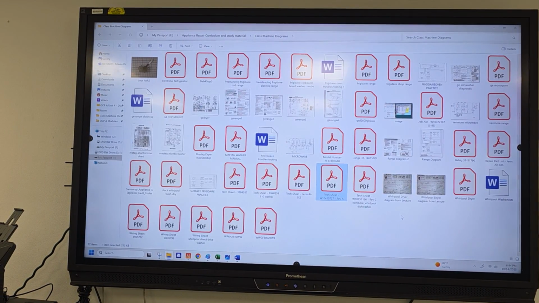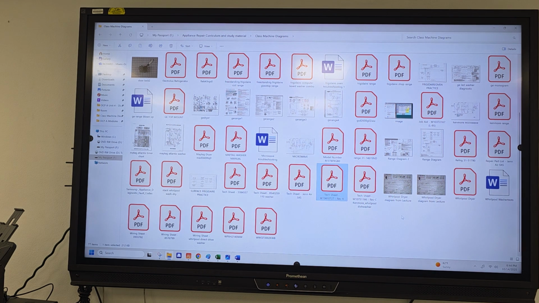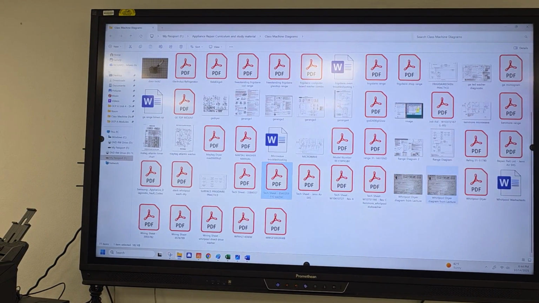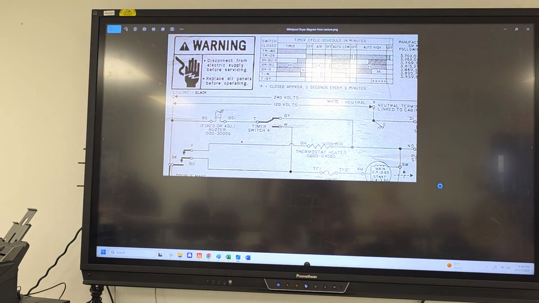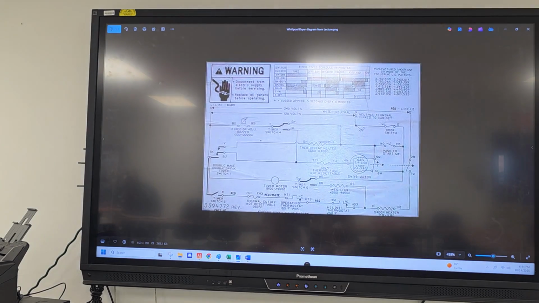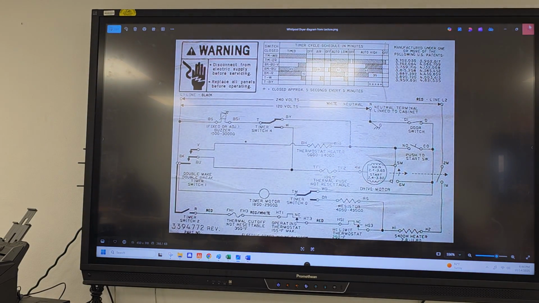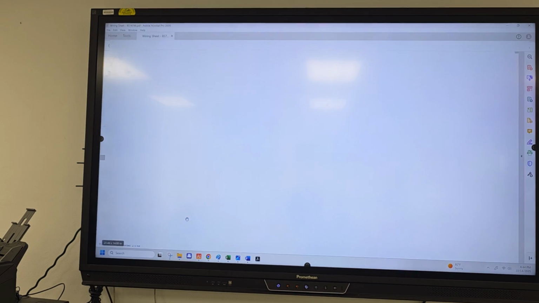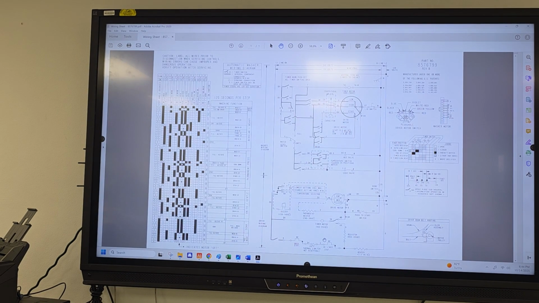I had everything open here before we got... Let's take a look at this dryer diagram for a second. Oh, this one doesn't have it. I know I had it on this diagram here. Here we go.